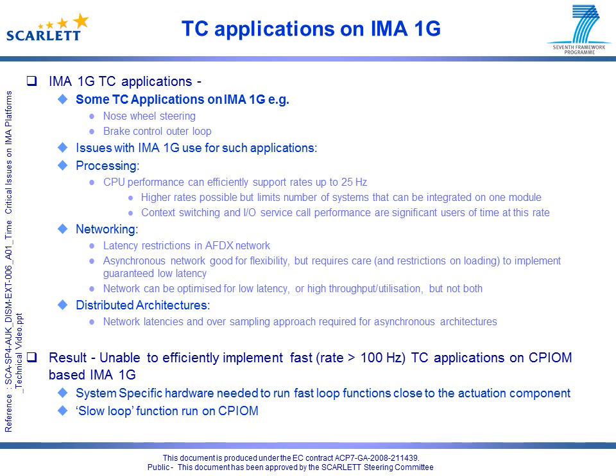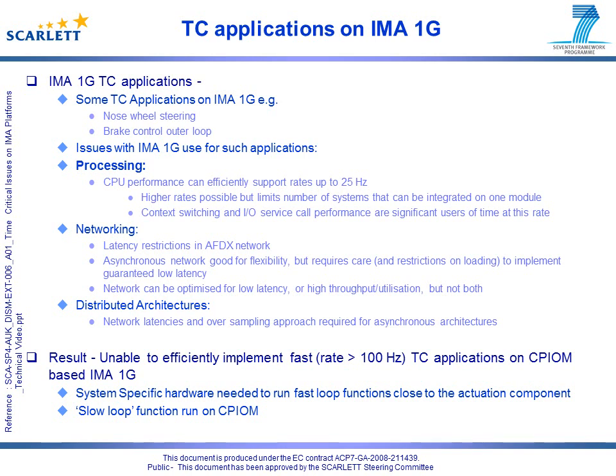IMA1G hosted some of the slower loops of a function, for example braking command, but not any fast time critical functions. This was due to multiple reasons. CPIOMs were not optimized to efficiently integrate multiple fast TC applications. CPIOMs were tailored for the I/O, not the processing demands.